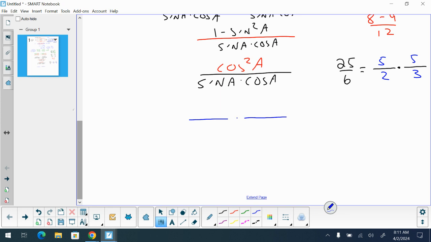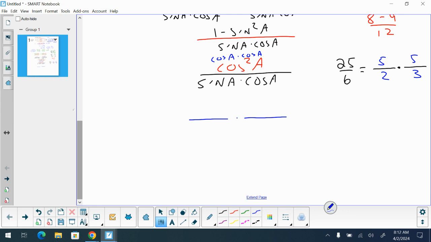Let's do the same method of madness. I want you to rewrite cosine squared, which is, once again, by definition, cosine A times the cosine of A, as two fractions that you can multiply together. Neither of the numerators or denominators can equal a value of 1. Can't have a 1 anywhere.